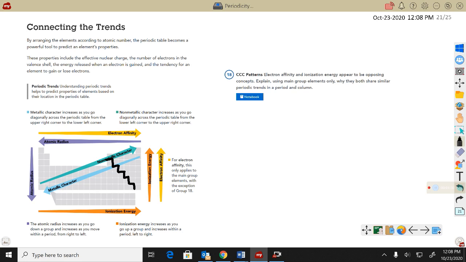The other trend that I need to be able to explain is atomic radius. In general, the radius increases going down a group. That's usually a trend that kids get right, because they understand that as I go down the group, there are more energy levels. And if there are more energy levels, then the electrons are farther from the nucleus, and the atom is bigger. If you're going across, the atomic radius decreases.